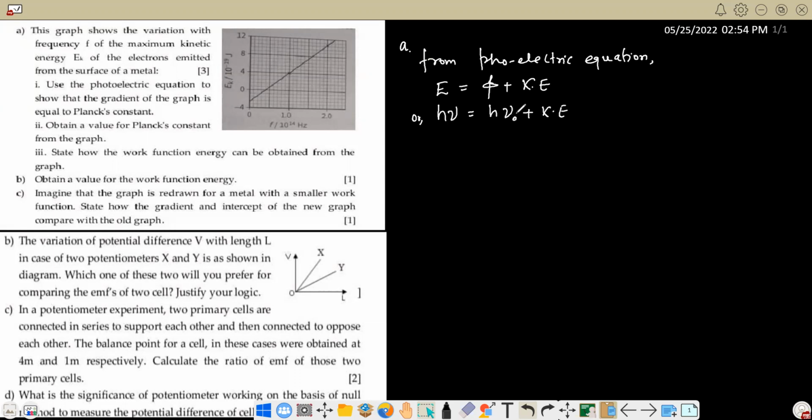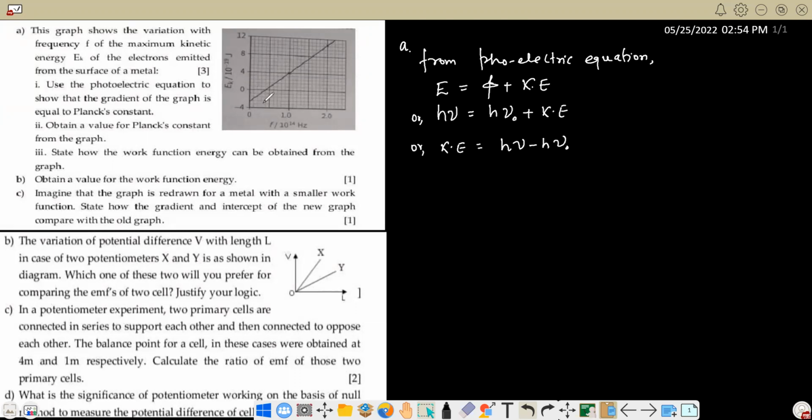If we just bring the kinetic energy aside, kinetic energy will be equal to h nu minus h nu naught. Okay, so in here kinetic energy is given.